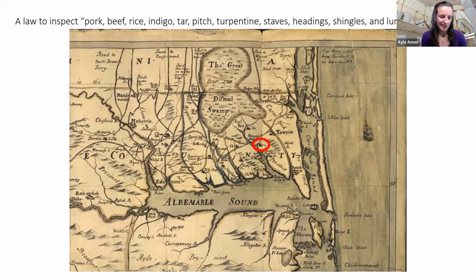This gives us an indication of some of the goods that were transiting the river, both for import and export. In addition, merchants maintained warehouses on both sides of the river by this time. There was also a post office and a church at the site. You can see that church is circled in red on this map.